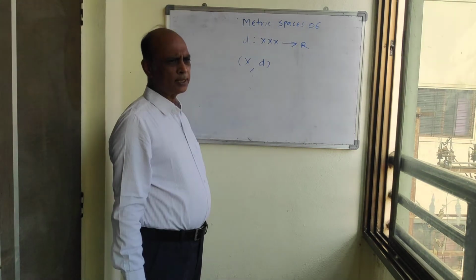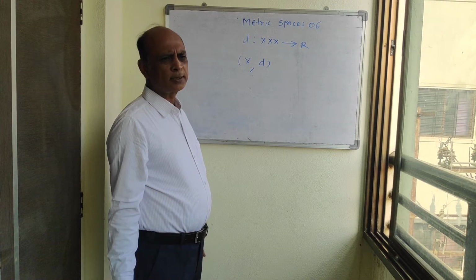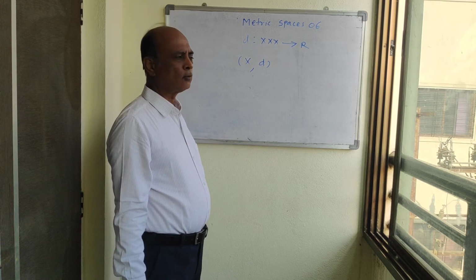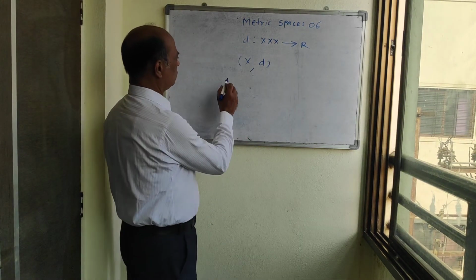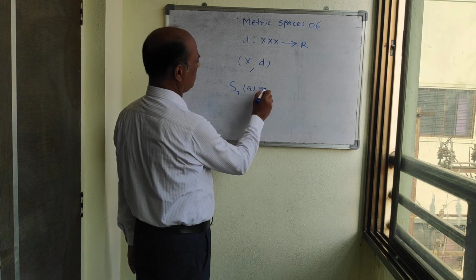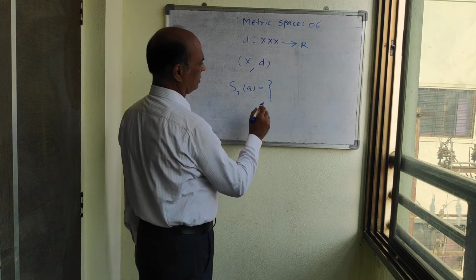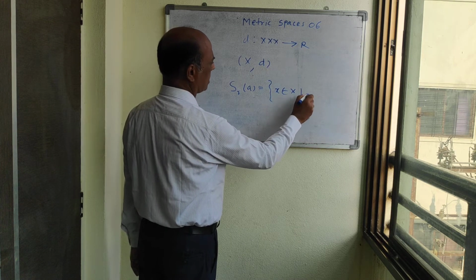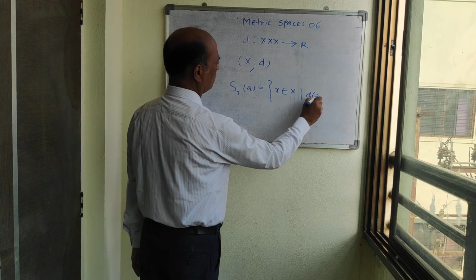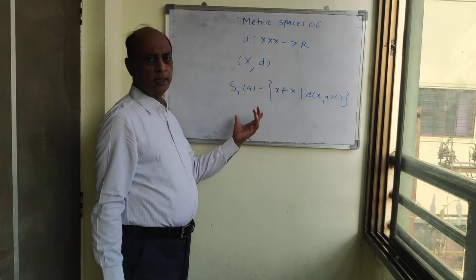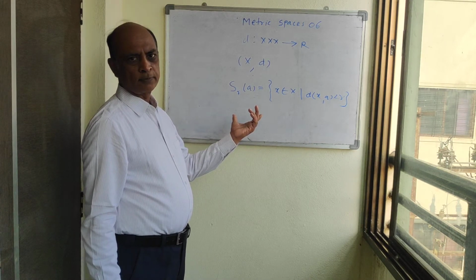In that metric space, some important points, that is open sphere, closed sphere, that we have seen. What is open sphere? You know, S_R of A is the set of X belonging to capital X such that D of XA is less than R. This is called the open sphere.